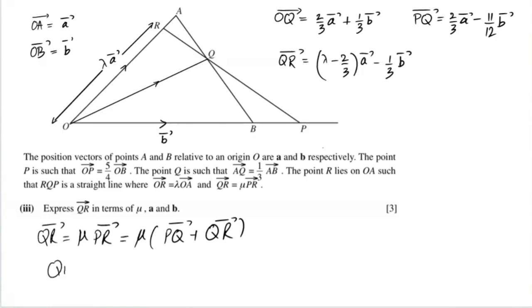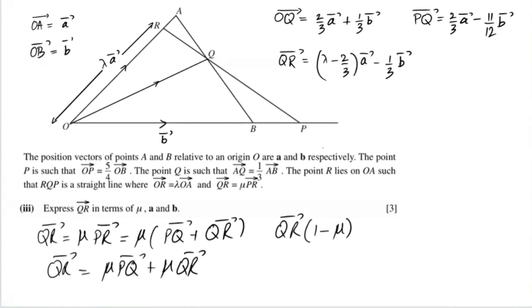Let's open this up and write it like this: it is going to be mu times PQ plus mu times QR. And then in the next step, you can subtract mu times QR, and this can be written as 1 minus mu.